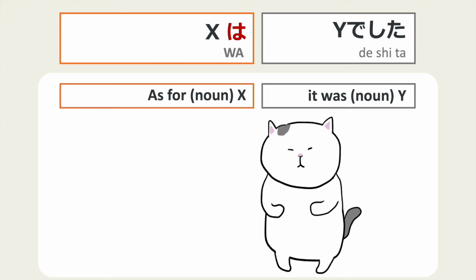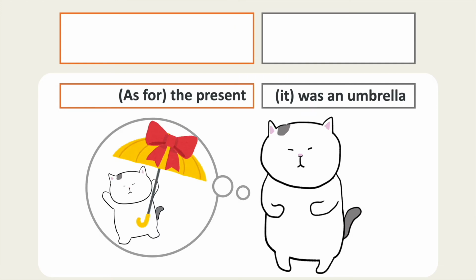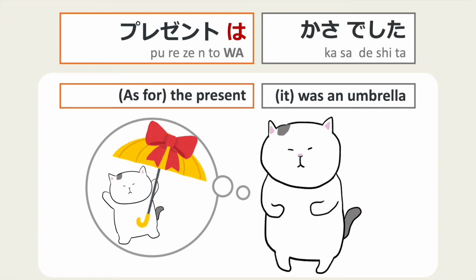Let's look at some other examples of X は Y でした. Let's say you received a present and you want to tell your friend the present was an umbrella. プレゼントは傘でした.